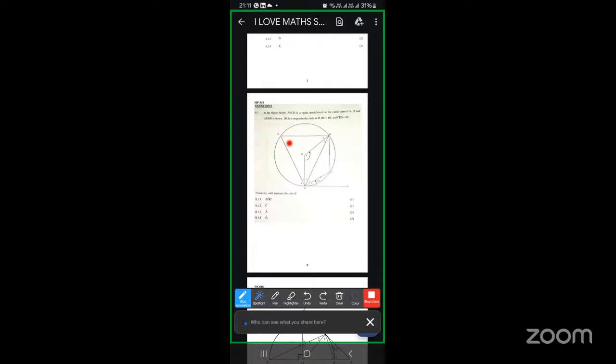My plan was that we first do these questions where we are required to find the angles. After we finish those, we go to the questions where we are required to prove some things. That is grade 11 Euclidean geometry.